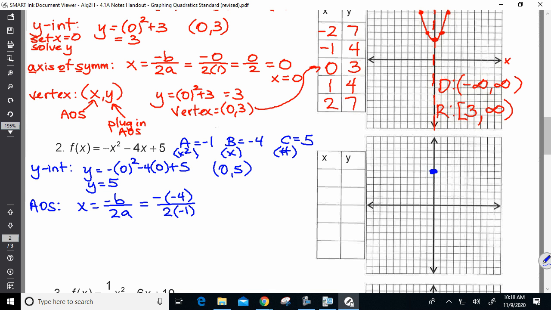You do not have the right to cancel out that negative sign unless you are plugging in another negative number, which we are doing right here. Two negatives can't sit next to each other. A negative times a negative is positive. 2 times negative 1 is negative 2. So x equals negative 2 is your axis of symmetry. That's your dotted line.